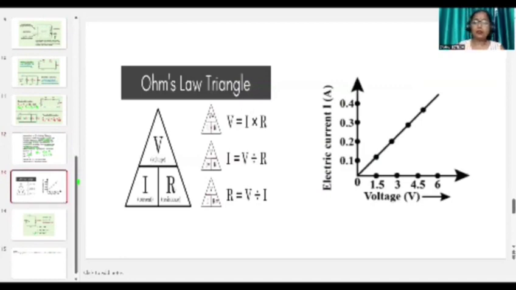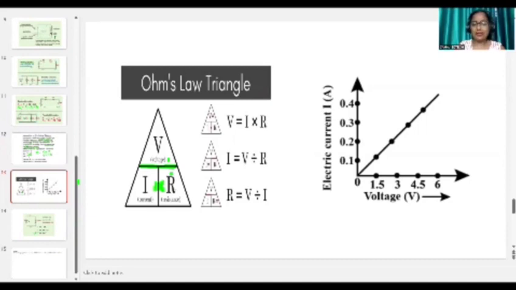Now here you see Ohm's law triangle. Okay. So the triangle is divided into three parts. Voltage is in the upper part. In the lower base, you have current and resistance. So voltage will be equal to I into R. Okay. Now, if you need to calculate I, it will be V divided by R. Okay.